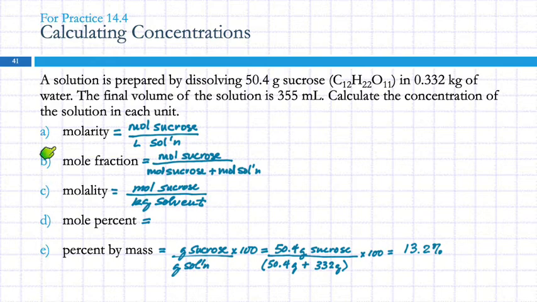The rest of these are all going to need moles of sucrose, so we'll have to calculate that. 50.4 grams of sucrose, and we need to calculate the molar mass. So we have 12 times 12.01 plus 22 times 1.008 plus 11 times 16. 342.296.